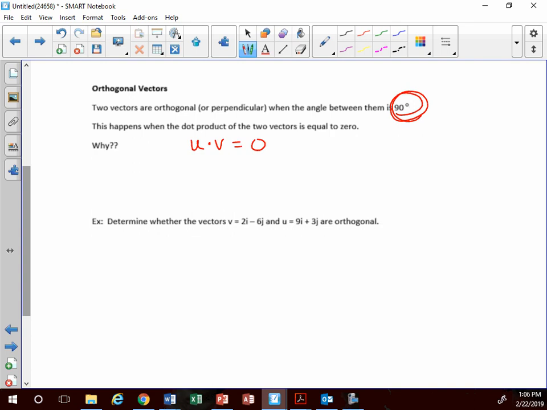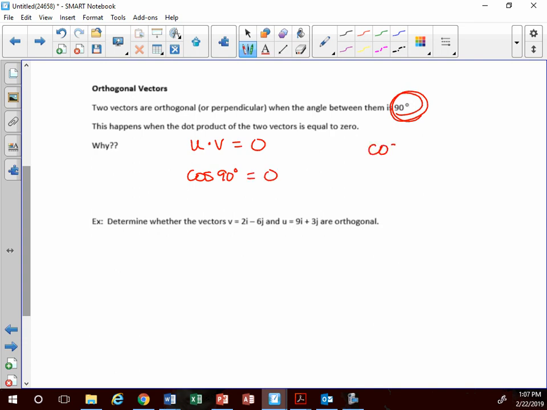It's like they're perpendicular. I agree with that, but what does that have to do with the dot product and our formula for finding the angle between two vectors? Cosine of 90 is 0, yes, because cosine of 90 degrees is equal to 0.